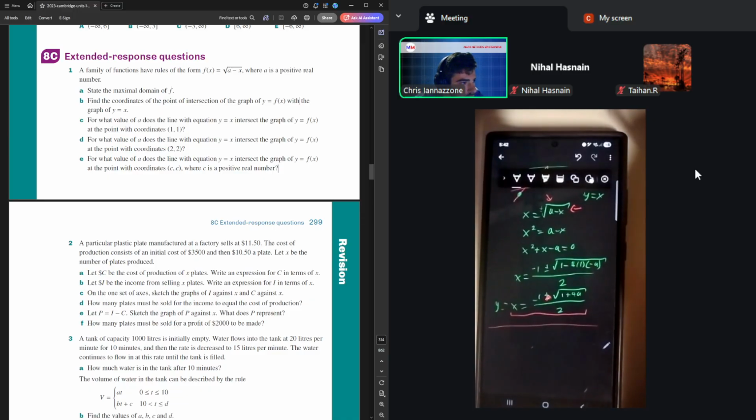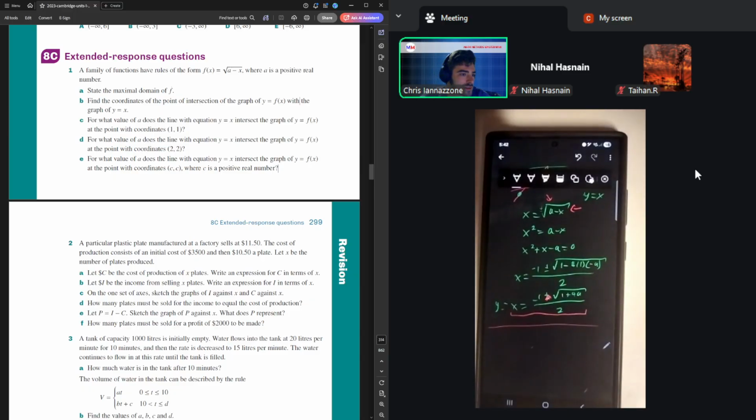Now we can move on to 1C here. So part B got us to generically find whatever the point of intersection would be for any version of f of x with that line y equals x. Now what we're doing in the next couple of sections is trying to figure out what impact A has on the location of the coordinates of intersection.